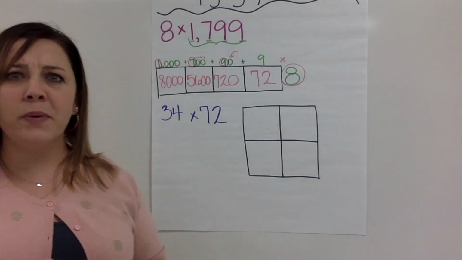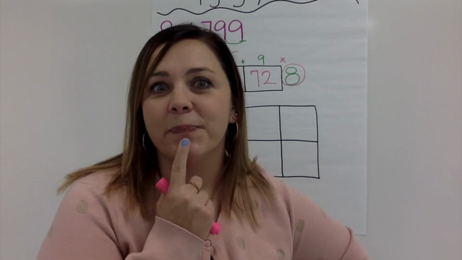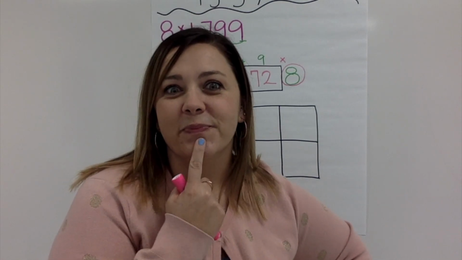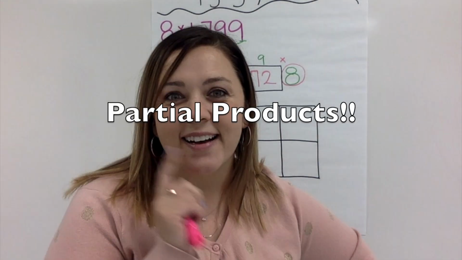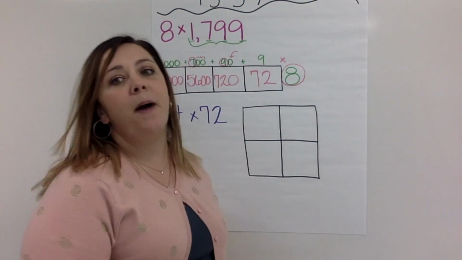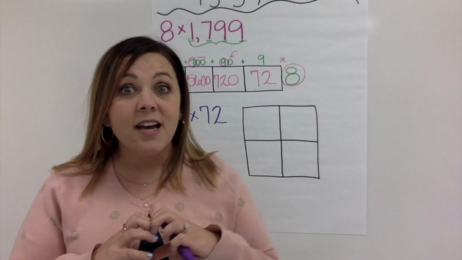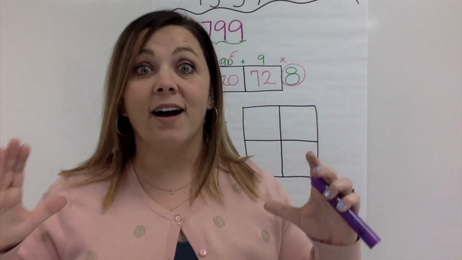Now, what do we do with all these numbers? Who remembers what they're called? Partial products. Yes, very good. Each of these numbers that we got in these boxes are called partial products. They're part of the total product.